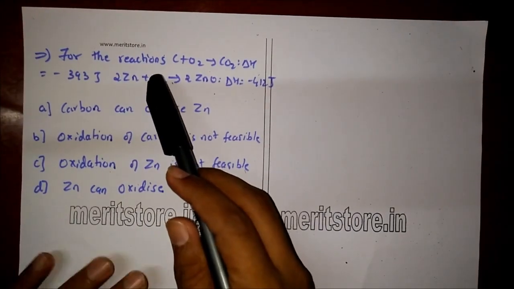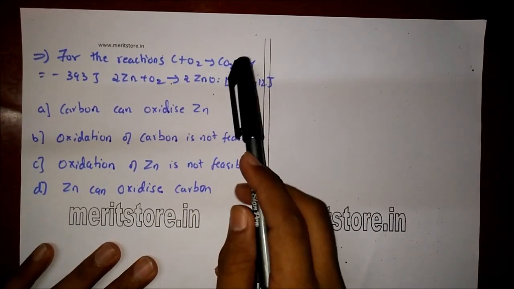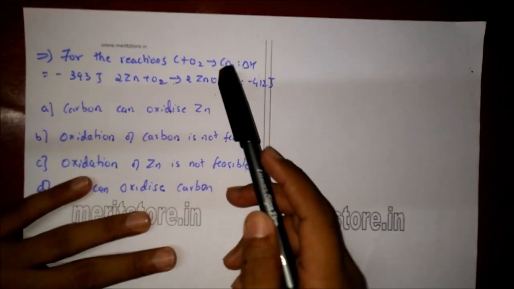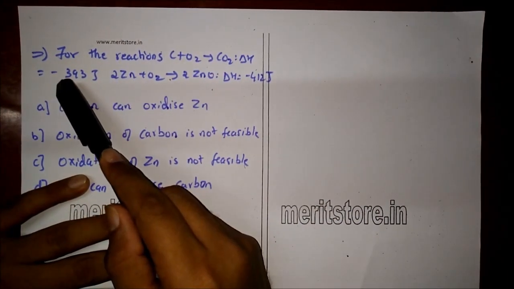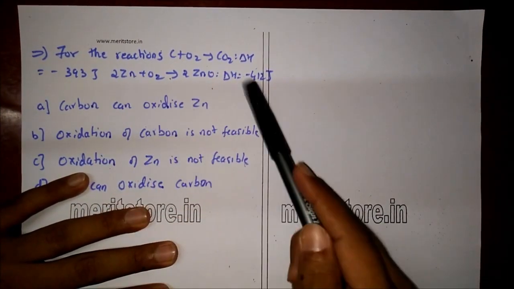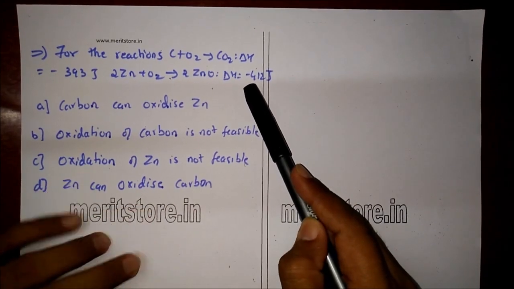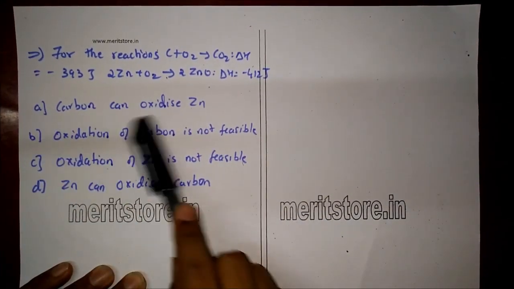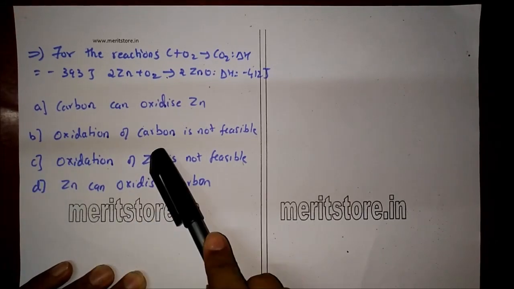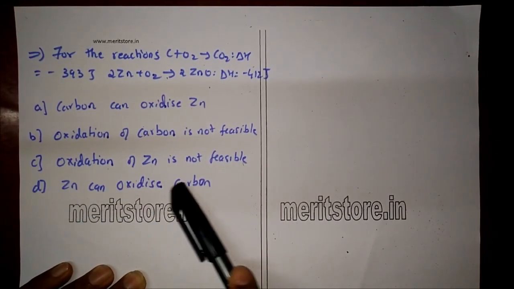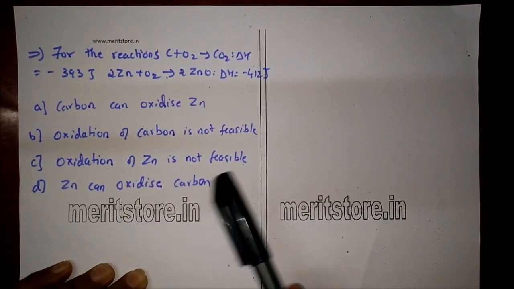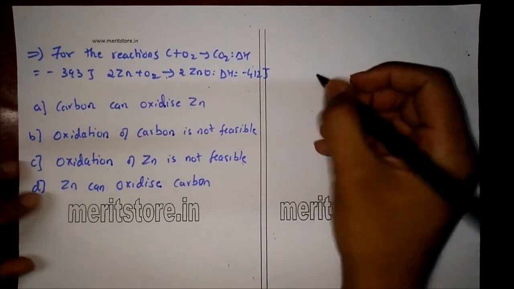For the reactions C plus O2 gives CO2, the heat of combustion delta H is minus 393 joules, and for the second reaction the heat of combustion is minus 412 joules. Then either A, carbon can oxidize Zn, B, oxidation of carbon is not feasible, C, oxidation of Zn is not feasible, or D, Zn can oxidize carbon. Now let's look at the first reaction.